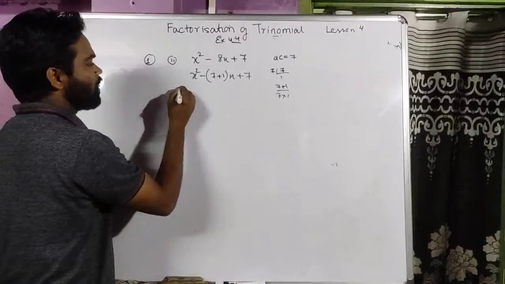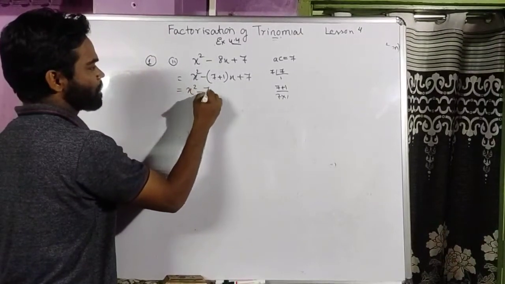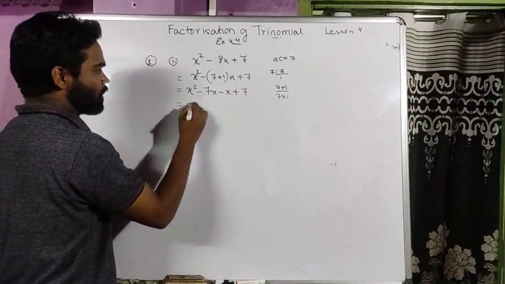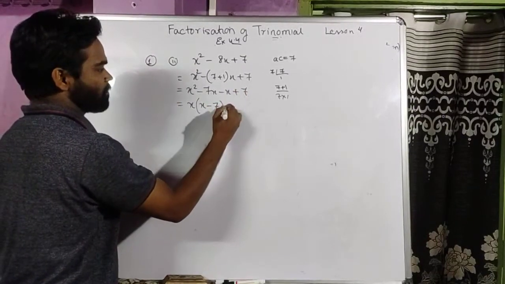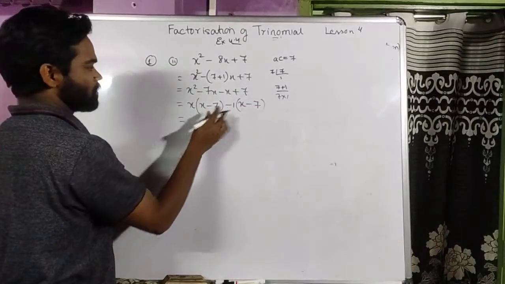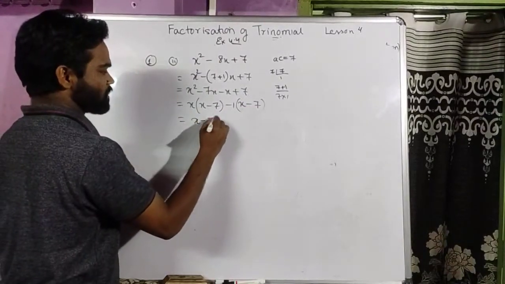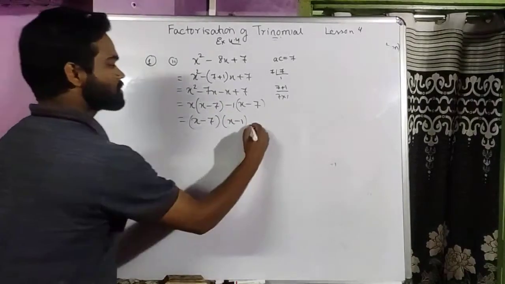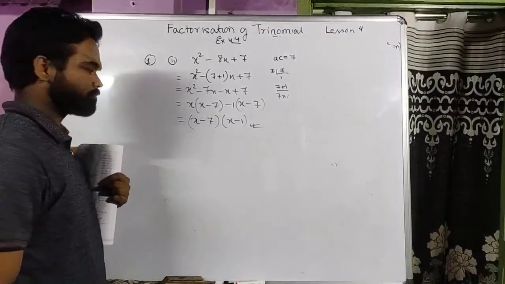Now I'll open the bracket. Now this is grouping, we know how to do it. x minus 7 minus 1 taken common, x minus 7. So now from these two, x minus 7 is common, x minus 1. So this is your answer.